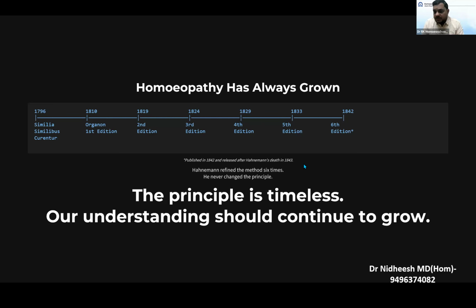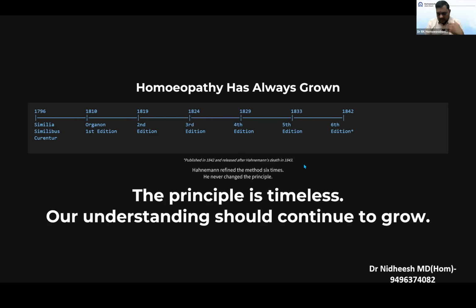But in 2026, we have enough facilities to understand why this symptom occurred in that specific patient. Many researchers in the homeopathic fraternity itself are trying to find out why Bryonia produces this specific symptom, why Gelsemium produces this specific symptom.